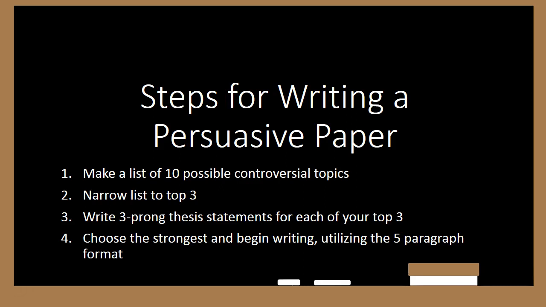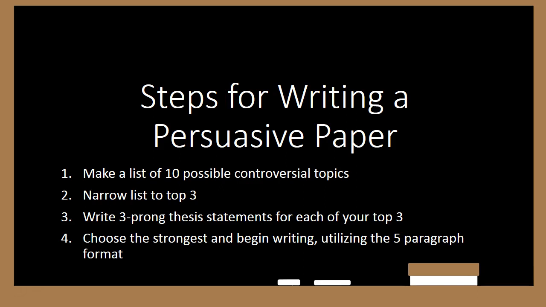Once you narrow this list to your top 3, write a 3-pronged thesis statement for each of your top 3. Once you have those top 3, don't rush through it, but spend some time thinking about it. Choose the strongest and begin writing utilizing the 5-paragraph format that we've discussed in class.